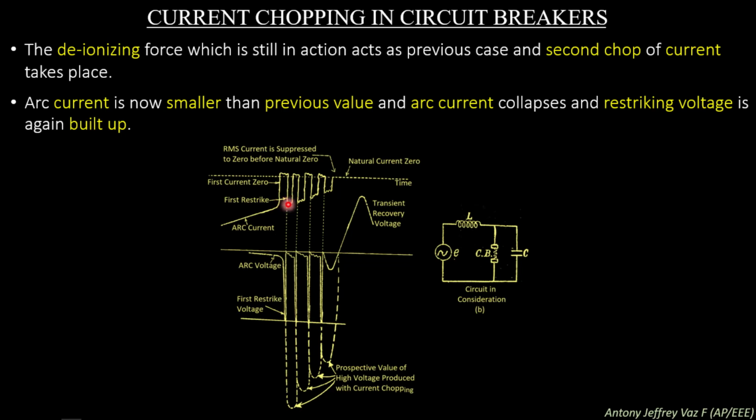This is because the inductor and capacitance oscillate, so it gets damped. The restriking voltage building up in the capacitor oscillates and creates an arc current which is damping in nature and pulsating towards zero.